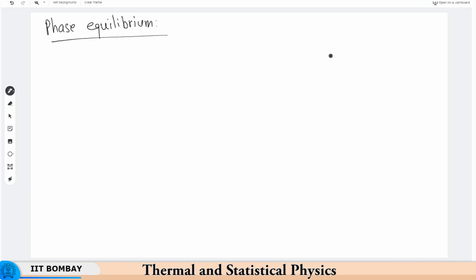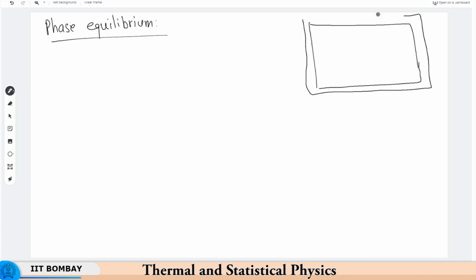So, say we have an isolated system, it is not exchanging heat with the surroundings. Okay. So, this is insulated. And say at any given point the system exists in two phases.